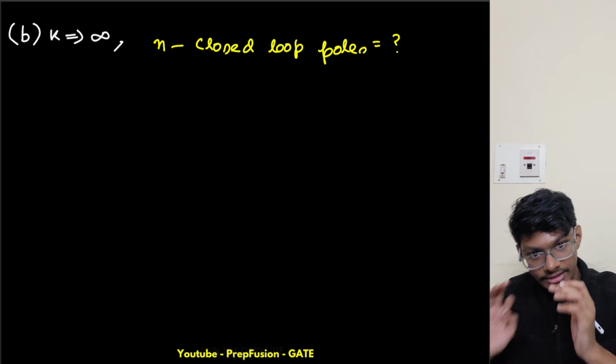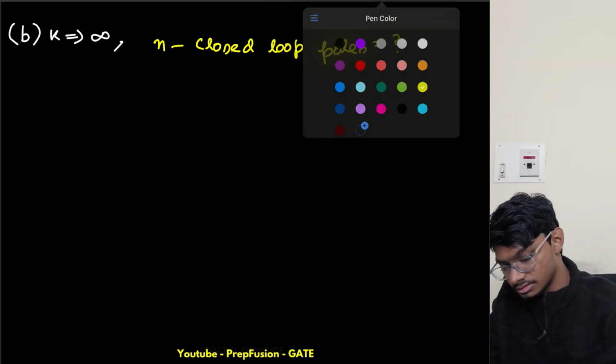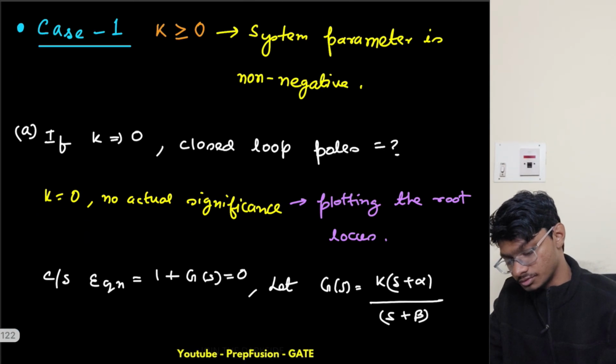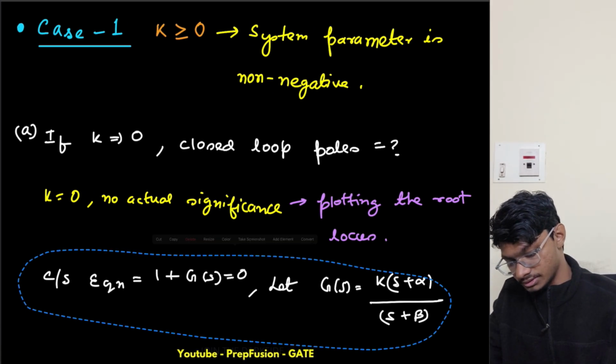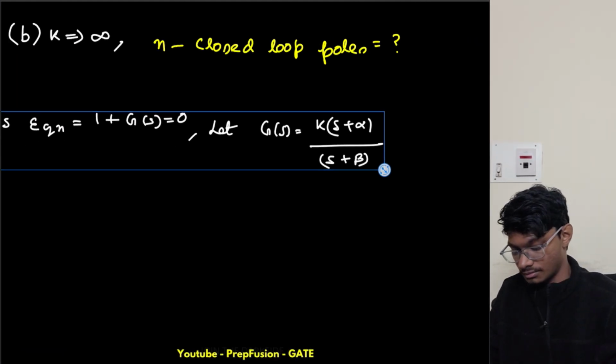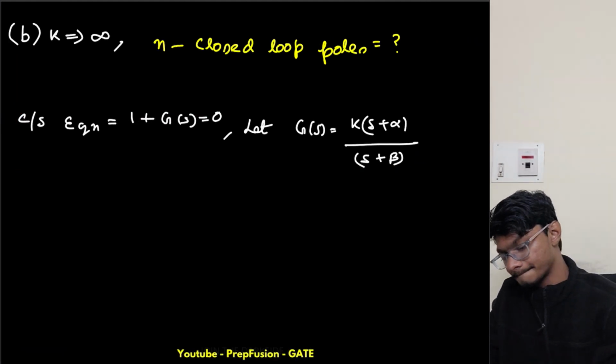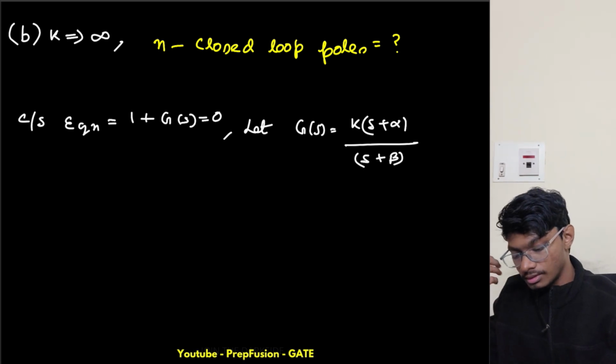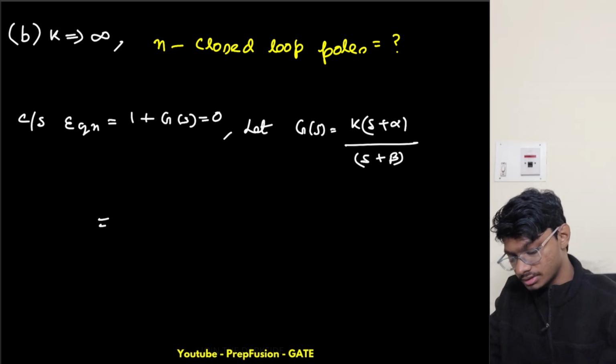So if k tends to infinity, again I will write my characteristic equation. So this is my characteristic equation, and this is my G of s basically. Now I put this one here, what do I get?